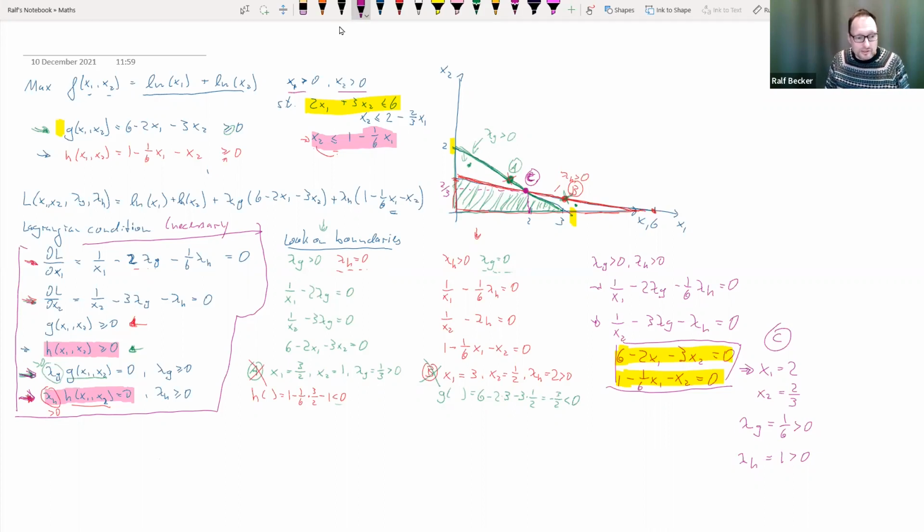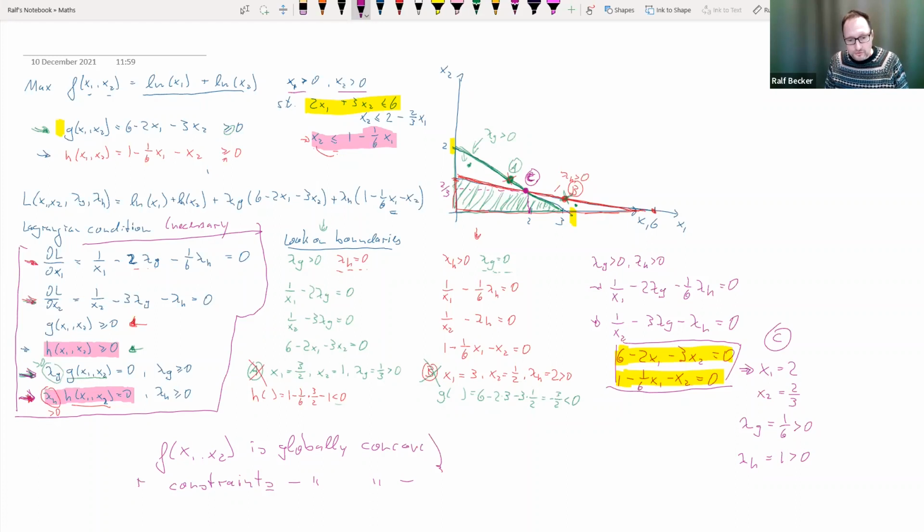That scenario is if the function itself is globally concave, and the constraints, usually we're only talking about one constraint, but now it's constraints, are also globally concave.